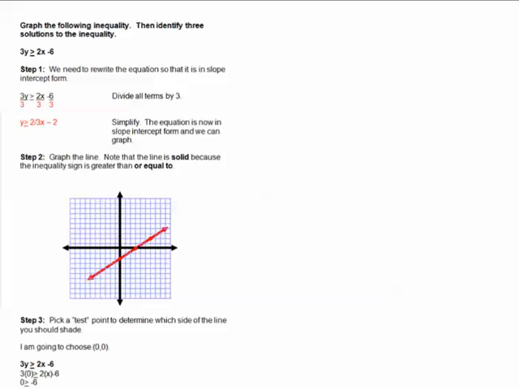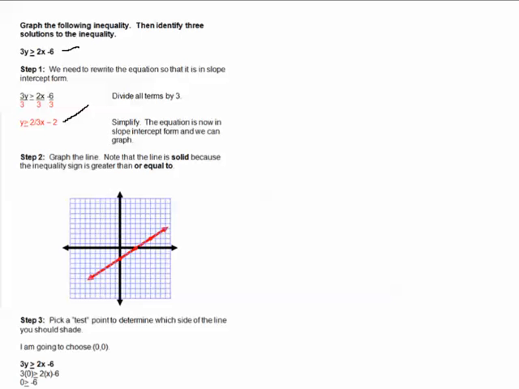So it says graph this following inequality, this one right here. Then identify the solutions to the inequality. Well, you know what? This is not that big a deal. I see this equation right here. I need to look at it in one of my forms. This is not any of those forms. So step one, I'm going to divide by 3. When I divide everything by 3, I get this equation right here.